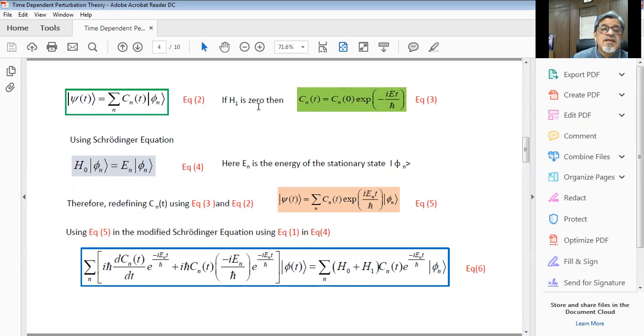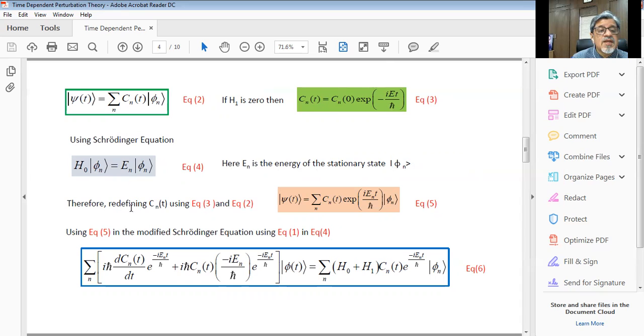And if H1 is 0, then Cn(0) exponential minus i E t divided by h-bar, and that is equation 3, which is a coefficient which is time dependent. Using the Schrodinger equation, H0 ket phi n equals En ket phi n. So these are the eigenstates. It is the Hamiltonian operator eigenvalue. Here En is the energy of the stationary state ket phi n.